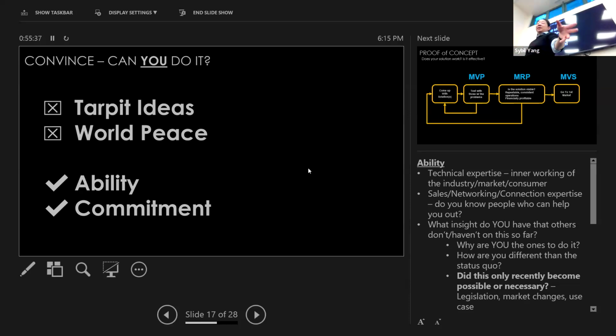You don't need to explain the demand side, but that solvency problem is a problem. Nobody's been able to solve it, right? You need to show that you have some sort of secret sauce, some new insight, or some new way to approach the problem that nobody else has thought of, which, to be frank, is very difficult. And that's why world peace ideas generally don't work.